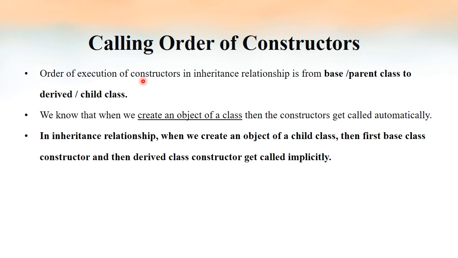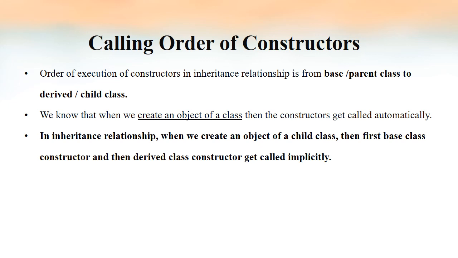We know that there are different types of inheritances. We have single inheritance, multi-level inheritance, hybrid inheritance, isn't it? In multi-level inheritance, for a child class there can be a grandparent also. So we have to generalize: the order of execution of constructors in an inheritance relationship is from the parent class to the child class.